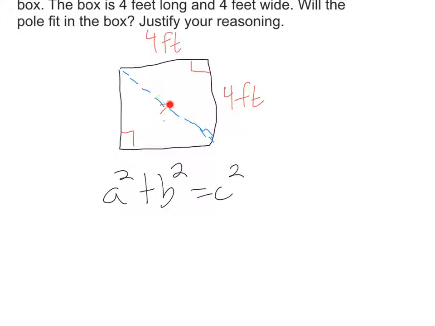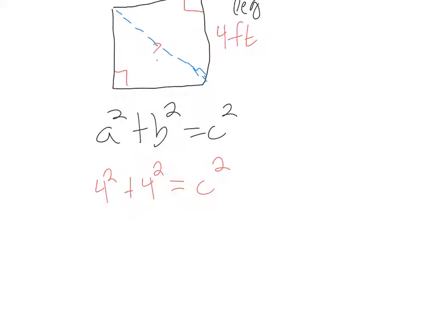This time we are trying to figure out the hypotenuse from one end to the other, and they give us our legs, which are both 4, leg and leg. Okay, let's plug that in. So we've got 4 squared plus 4 squared is equal to c squared. And then we would get 16 plus 16 is equal to c squared. 32 is equal to c squared.